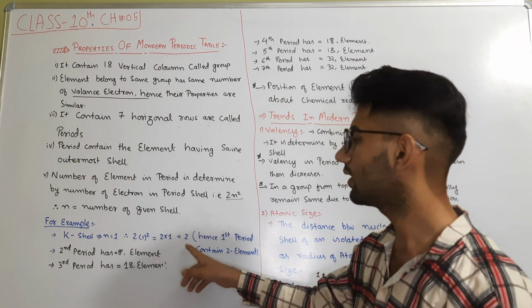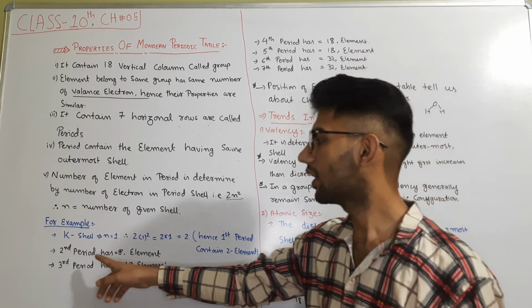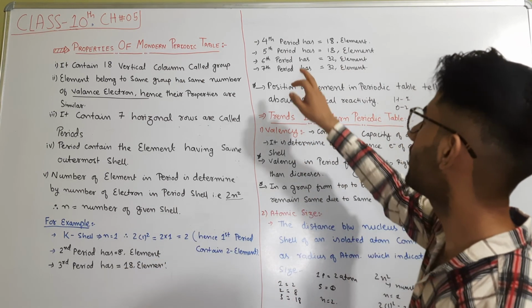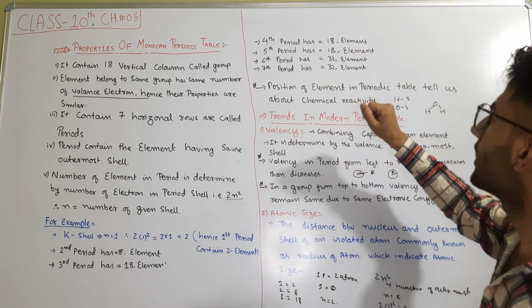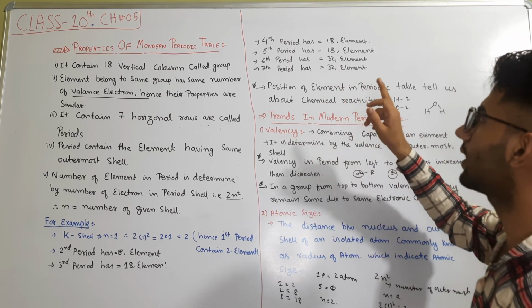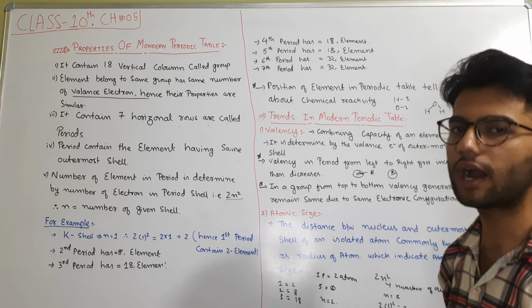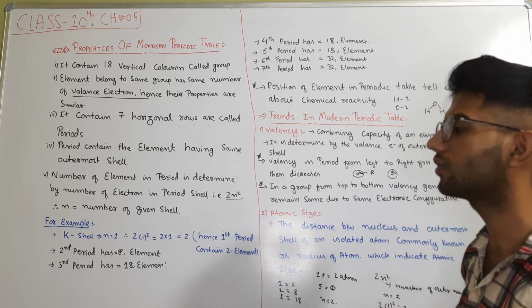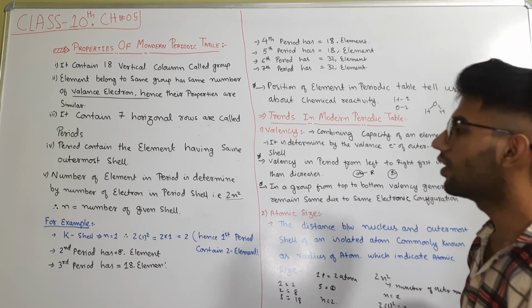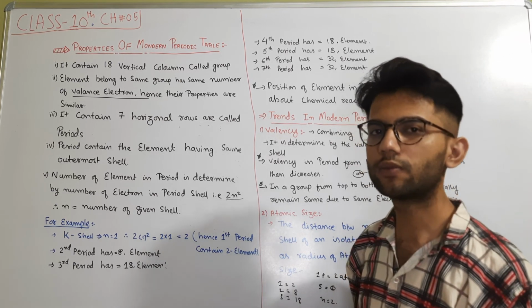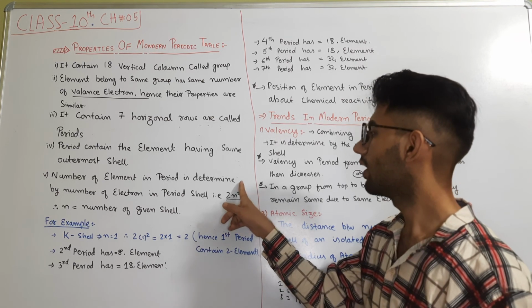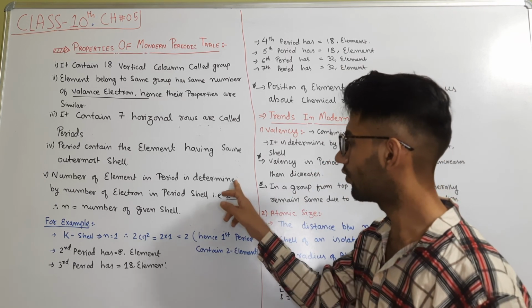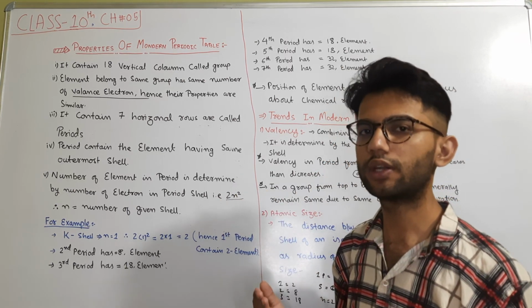The first period contains 2 elements, the second period contains 8 elements, the third period contains 18 elements, the fourth contains 18, the fifth contains 18, the sixth contains 32 and the seventh contains 32 elements. And how do we know how many atoms are present in the respective period? Whenever we solve this question with this formula, we will get the accurate answers.